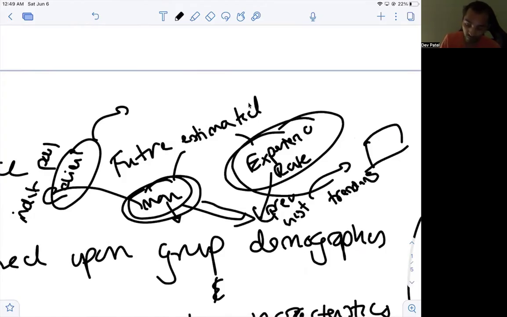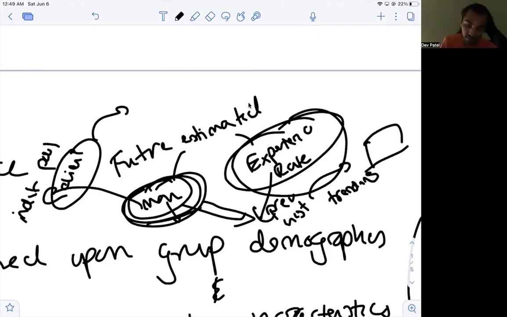You may want to give more weight to experience rate if you feel those are more credible, and you have a long good history of claims, and you want to maybe give more weight to manual if you only have a few years, or those claims may not be credible enough.